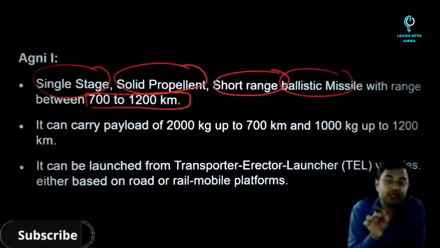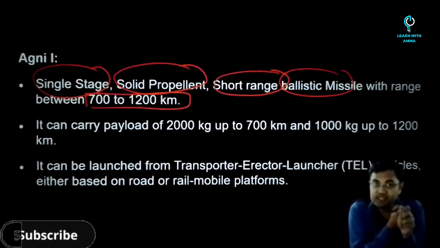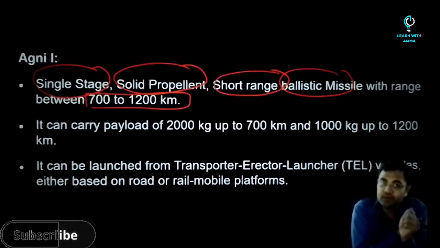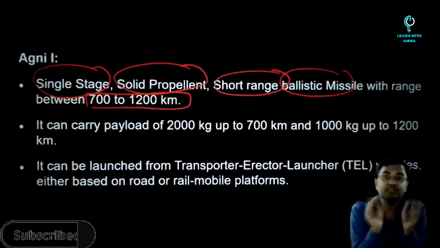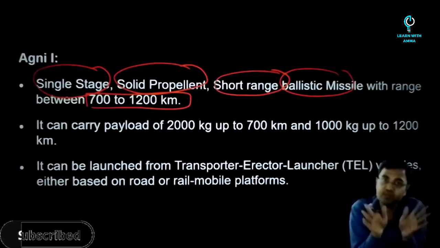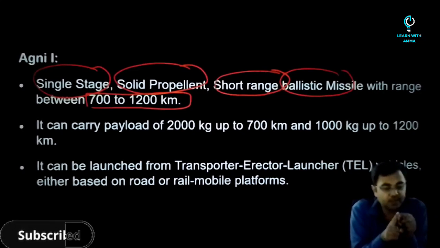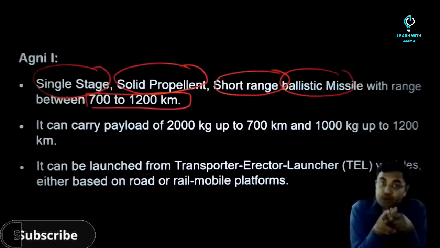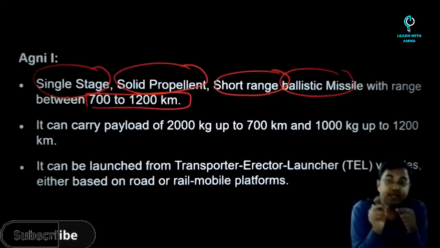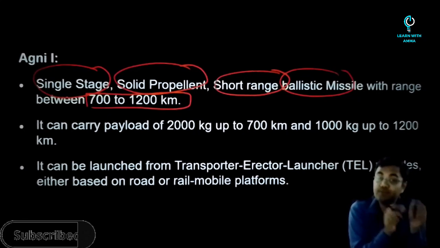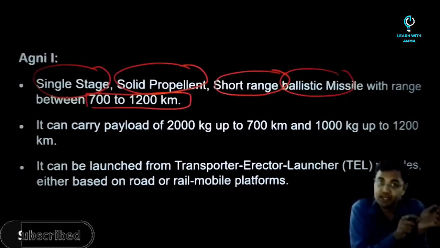So what are the facts that you need to remember? First of all, the range, that is 700 to 1200 kilometers. Range for each and every missile that we are going to discuss becomes important. Then the fact that it is a ballistic missile becomes important. It is a short range missile, which becomes important. It is a single staged solid fuel missile, solid propellant missile.